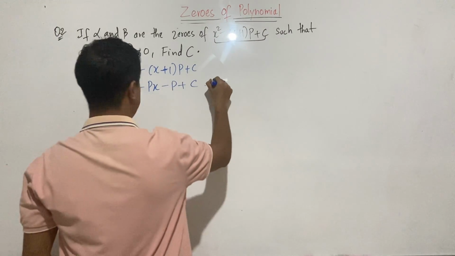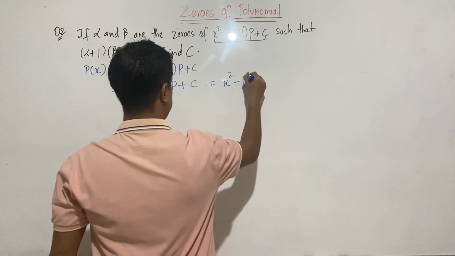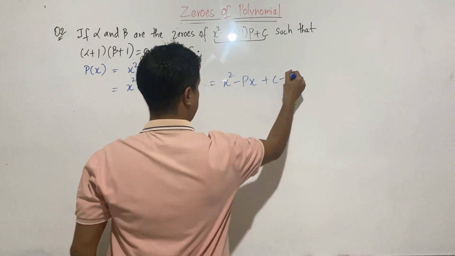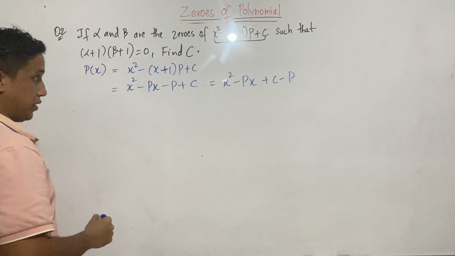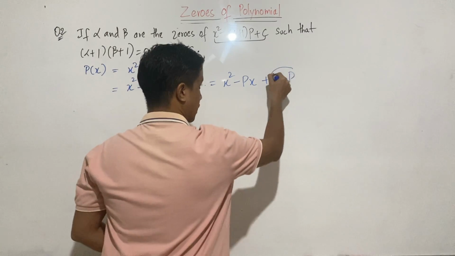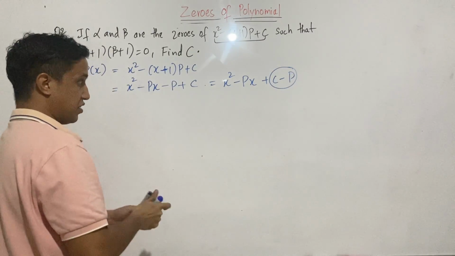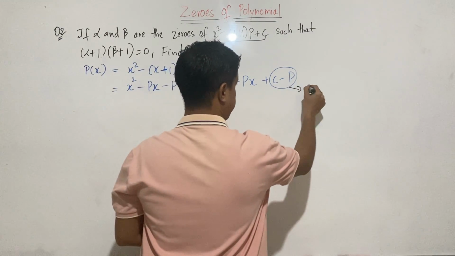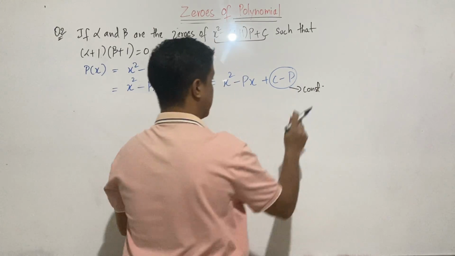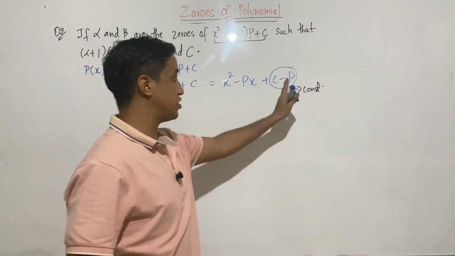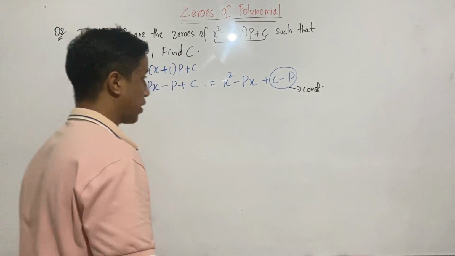So can I write x squared minus px plus c minus p? Now see here, c minus p is the constant part, like ax squared plus bx plus c. So this is the constant part, right?